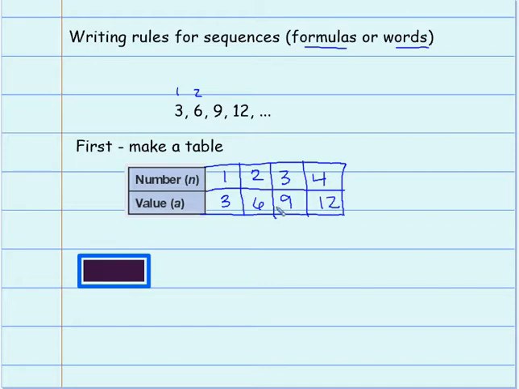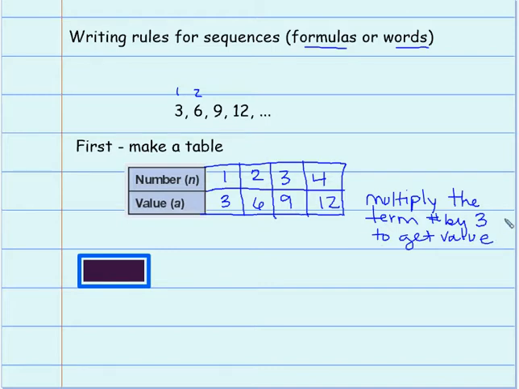And this is the same type of sequence that we just did, where you would say you would add 3 to each term, but that's not what you want to write down here. I know that might be confusing, but you would multiply the term number by 3. Okay, that will get you the value.